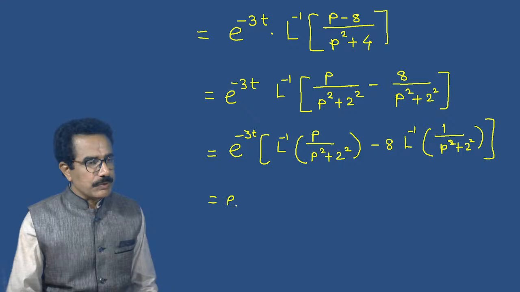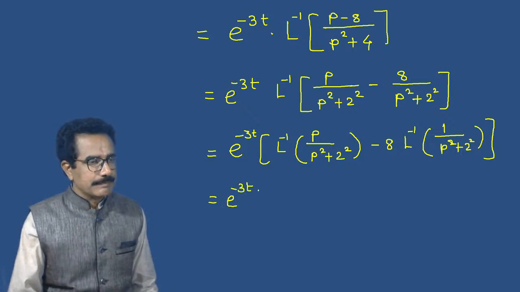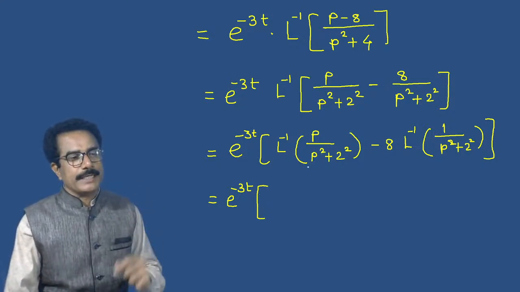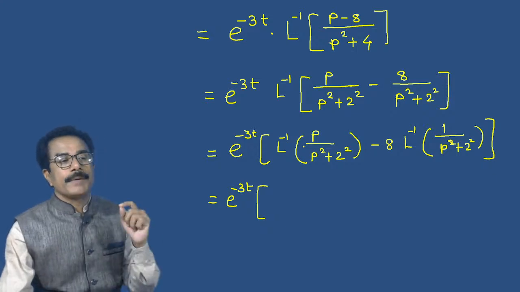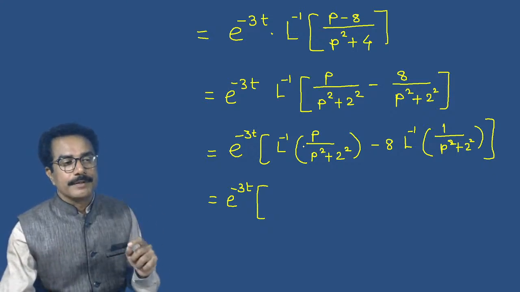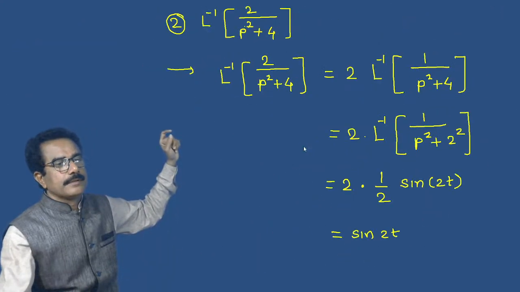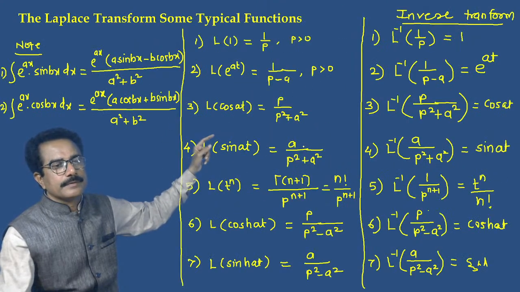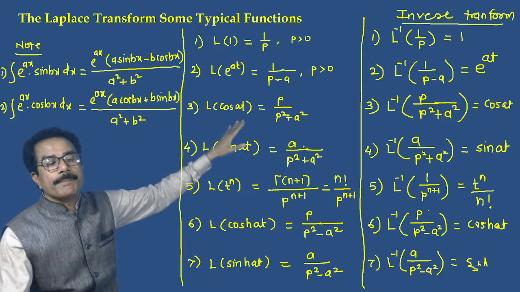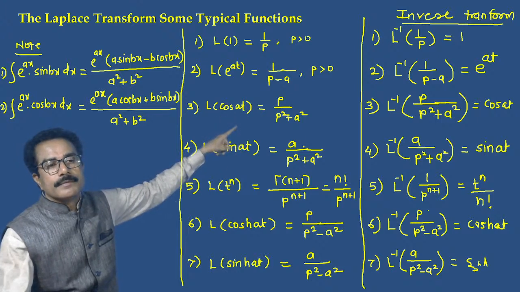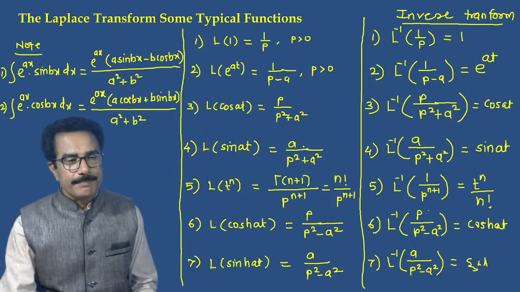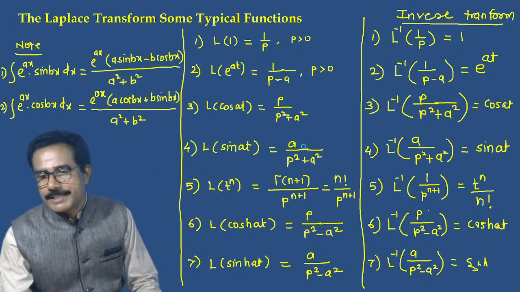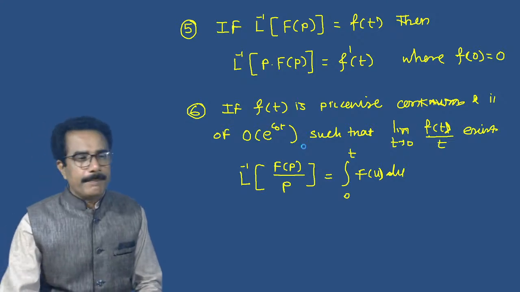Keep this e raised to minus 3t. L inverse of p divided by p square plus a square is the third formula, that is cos at. Again, L inverse of 1 upon p square plus a square is 1 by a sin at. Right, Silpa Panchal, very good.